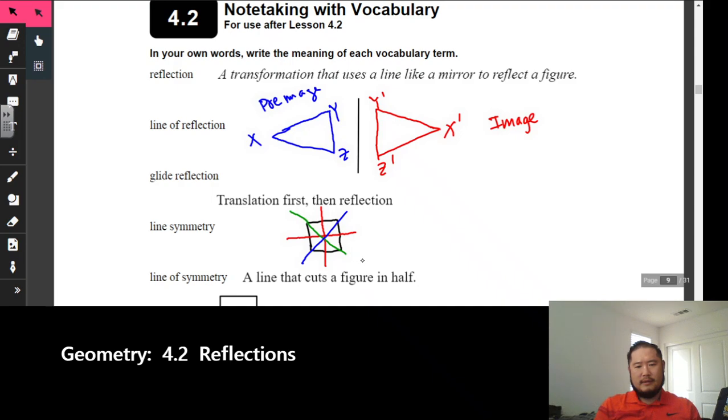Okay. That's your idea of line of symmetry. Figure out how many times can I draw a line that goes through a polygon or a figure. It could even be letters. You'll see in the homework. And to be able to, if you fold it over, will it fold over itself?